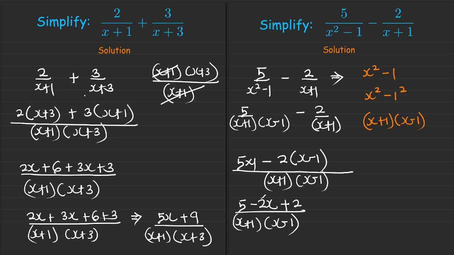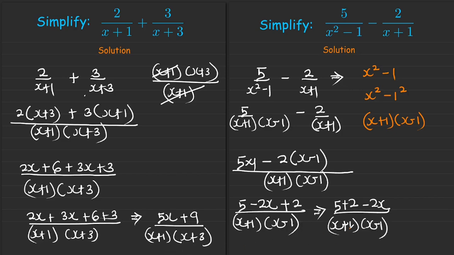We would have to regroup to simplify. We have 5 plus 2, that is each term moving with its sign as well. So 5 plus 2 minus 2x all over x plus 1, then x minus 1.